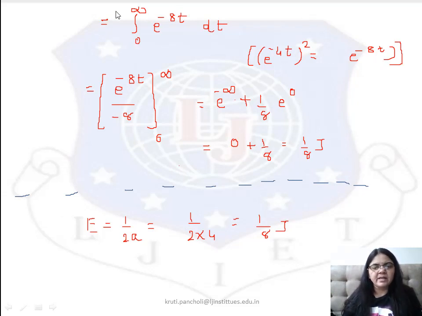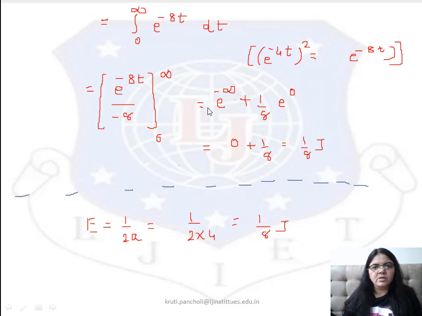So now we will take the integration of this. The integration of e^(-8t) is e^(-8t) upon minus 8, from 0 to infinity. Now put the value of t inside this. So we are putting the limits.